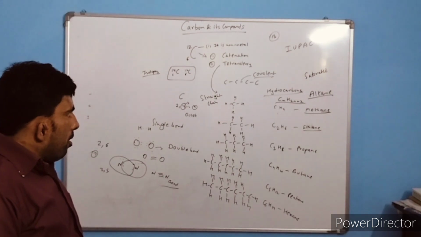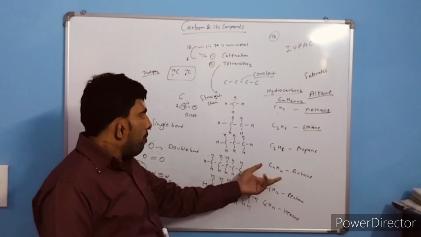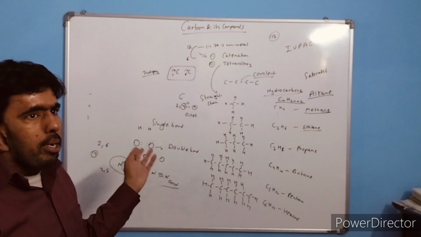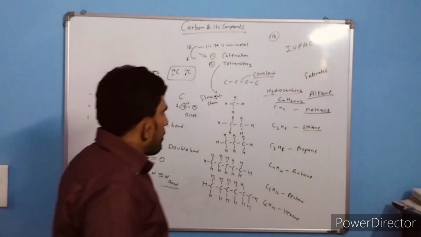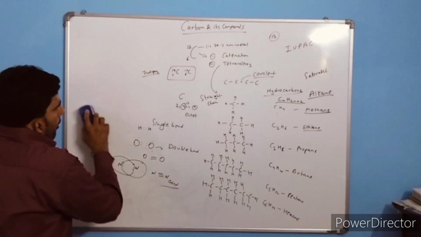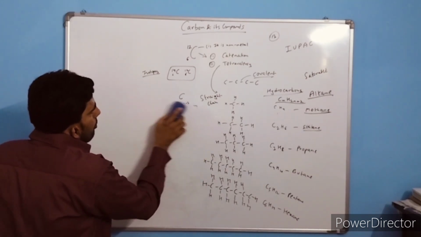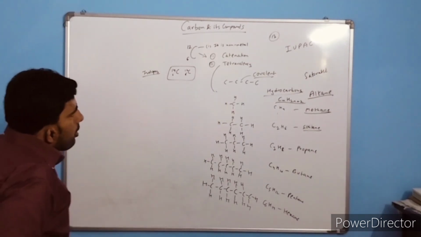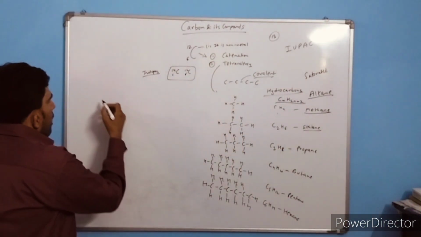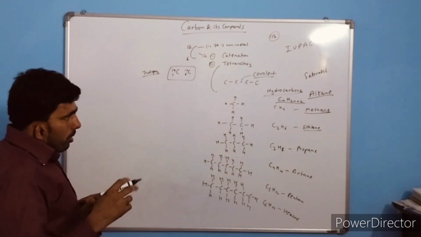What I have drawn here is about alkanes, that is single bond, saturated hydrocarbons. These are the straight chain structures. Now I'll take the example of butane. I will show you how a branched structure will form and then a ring structure, and how their naming will change. So now I will draw two different structures of a hydrocarbon, butane. The molecular formula will be the same, but the structure will be different.